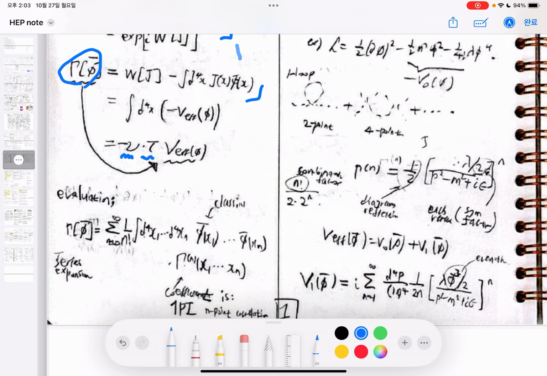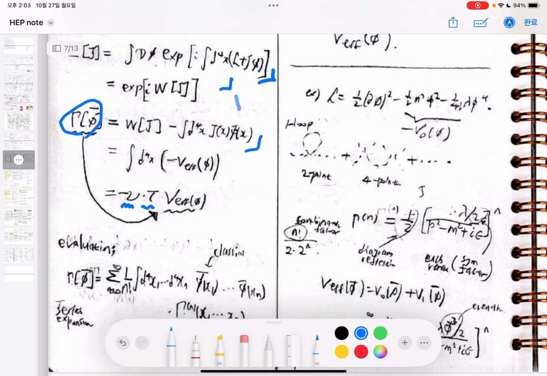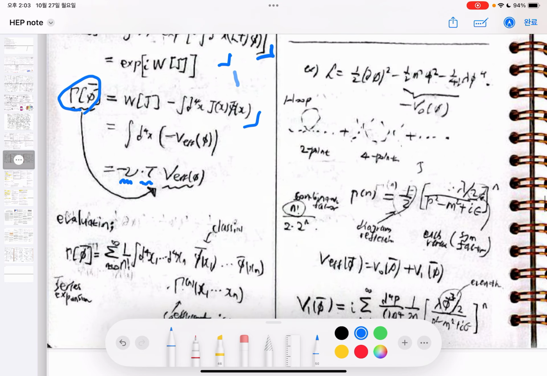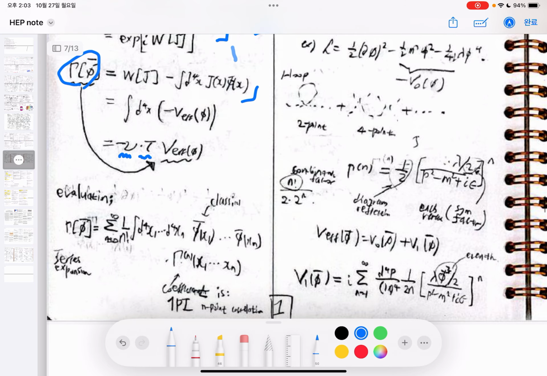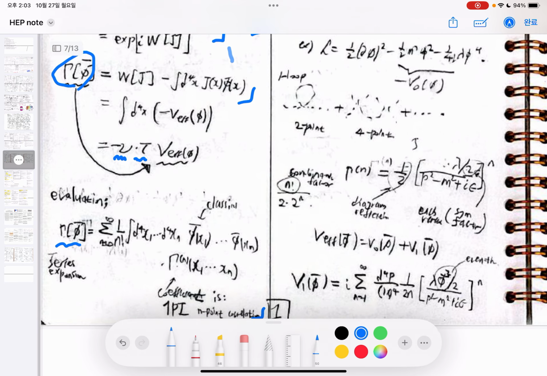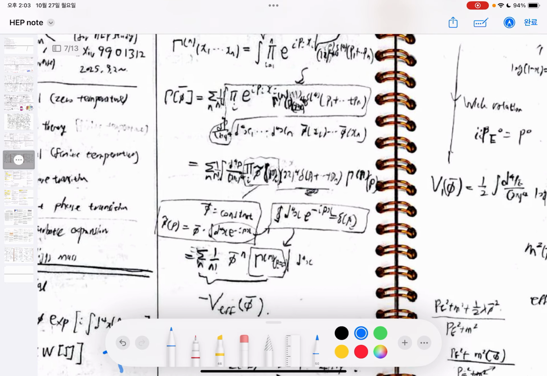This can be evaluated by the path integral formulation, but there is also another way, using the series expansion. The coefficients of this series correspond to the 1PI n-point correlation functions. This is because the n-th derivatives of the effective action become the 1PI n-point correlation functions.